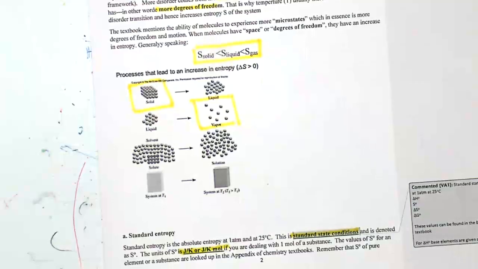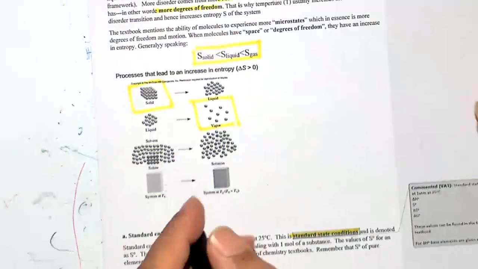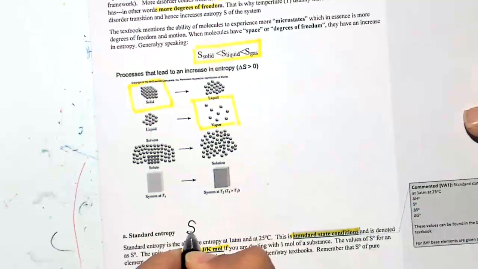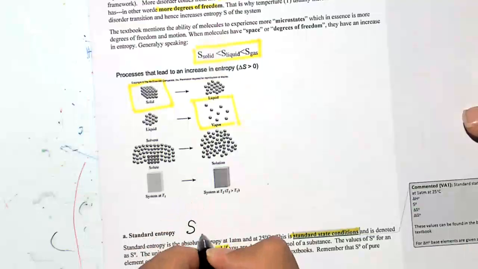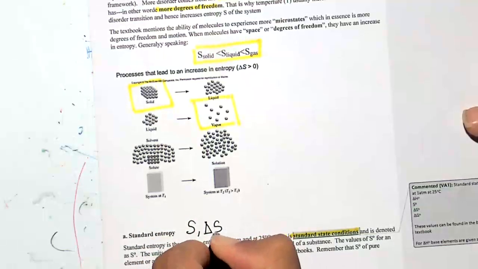These are numbers I'll give you on the exam, so you don't memorize them. One thing about entropy, you can either see this thermodynamic variable as S or delta S. This is a measure of disorder. It can be positive or negative.